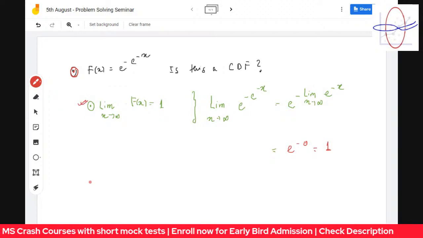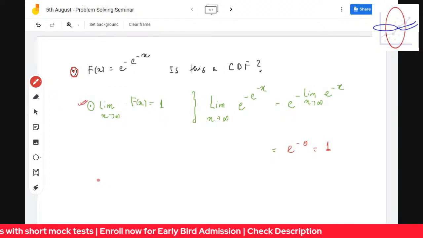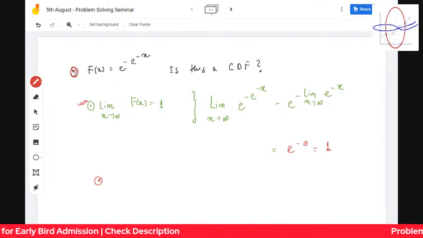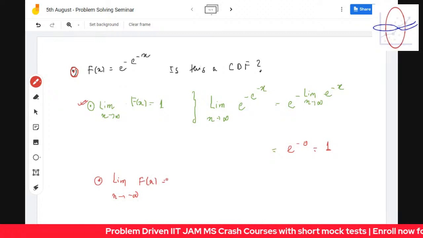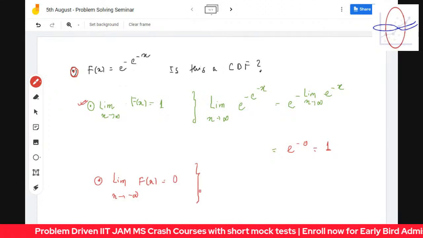What other criteria do we need to check? The limit as x tends to minus infinity of F(x) is equal to 0. Let's check it out.